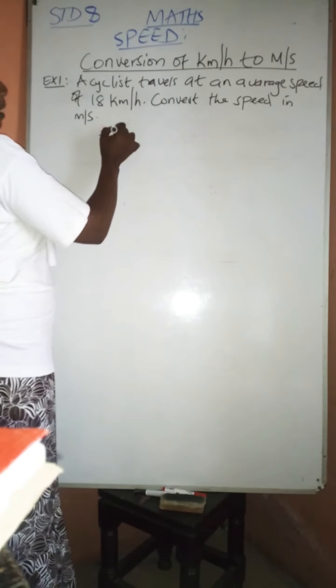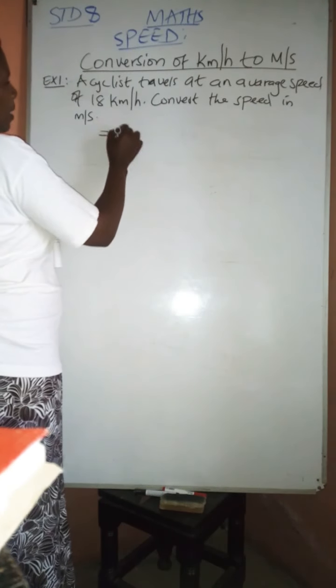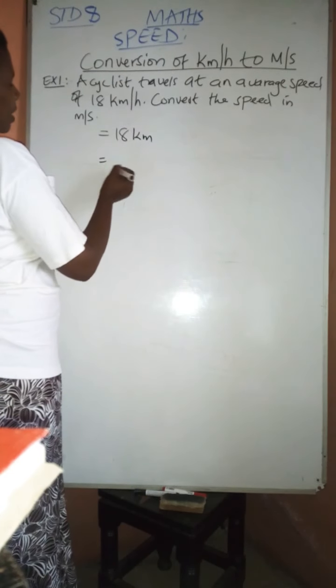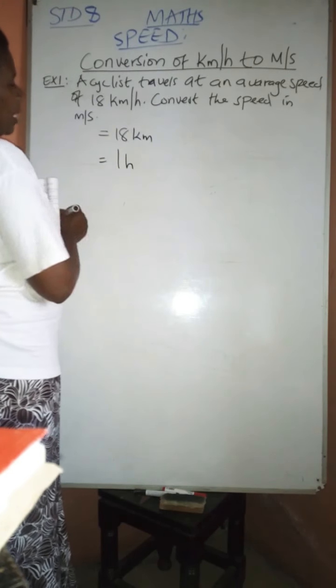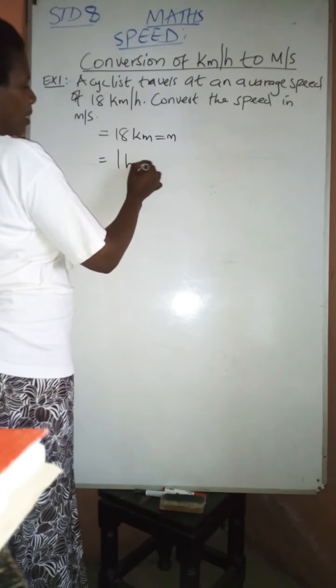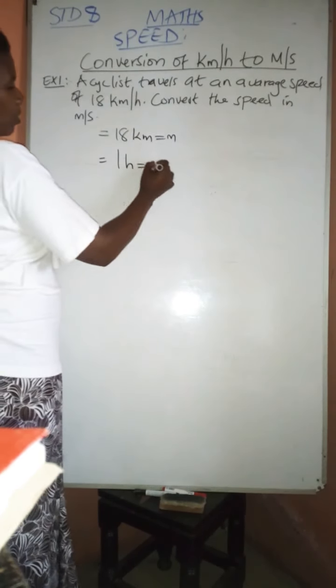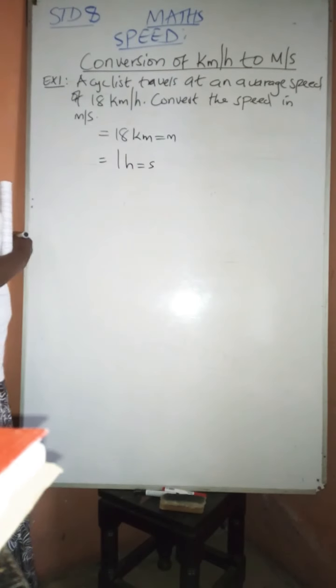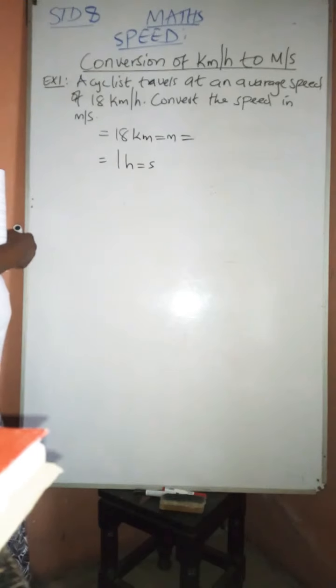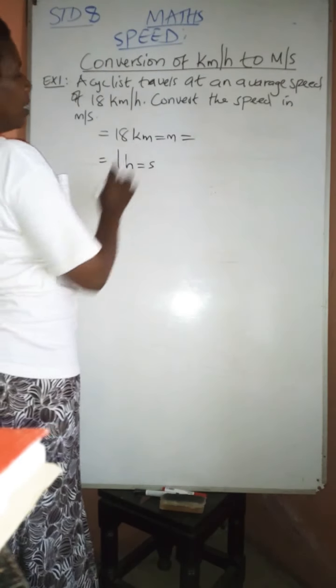Now, in this case, we convert 18 kilometers first, and also convert 1 hour. So 18 kilometers will be converted into meters, and 1 hour must be converted into seconds. When converting kilometers per hour, you know that 1 kilometer has 1,000 meters.